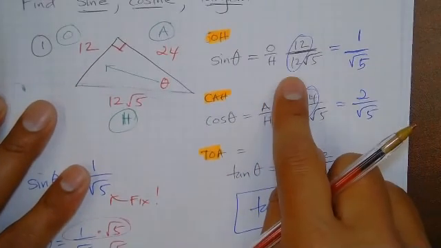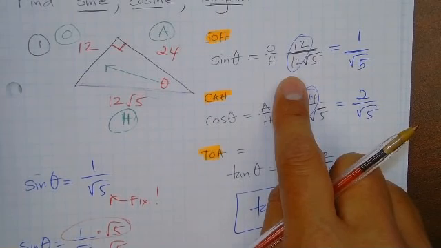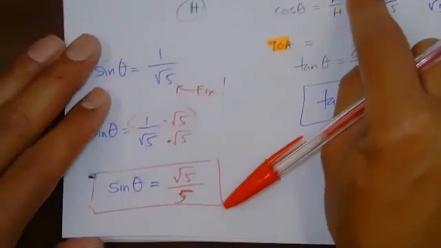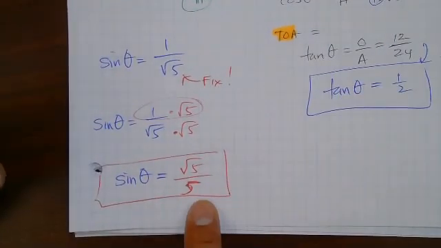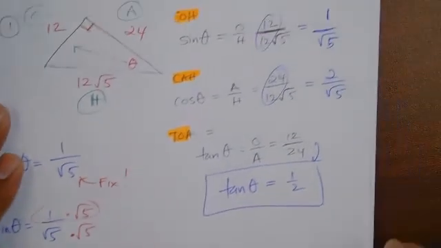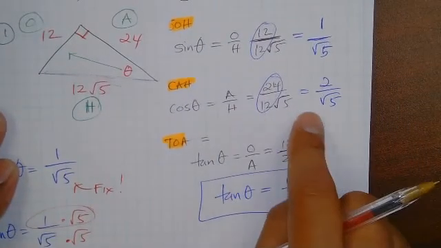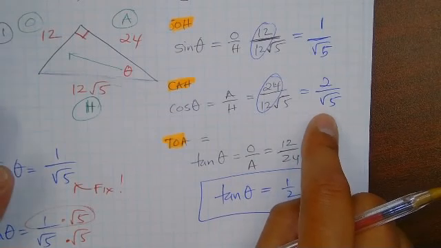Let's go back to what you originally had for sine. Look what you originally had for sine. 12 over 12 root 5. If you leave 12 over 12 root 5 and you're like, I got it, and then you go look at the answer and it says this, you're going to be like, what the heck? How is that? That's why. See, that's why.